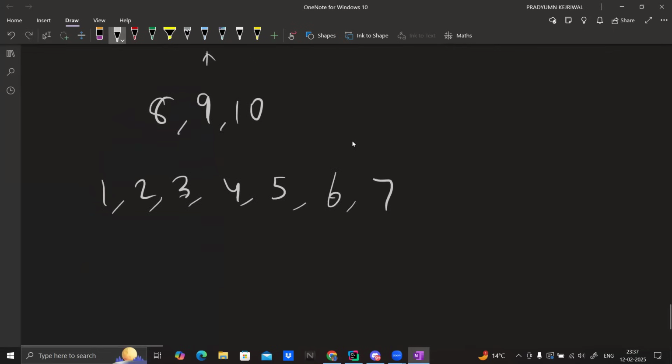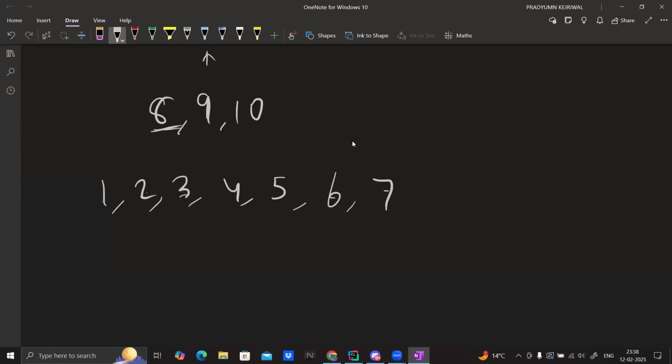Okay. So if you don't apply, the minimum element is 8. So all of the elements 1, 2, 3, 4, 5, 6, 7 are all less than 8. So definitely you won't apply this operation.